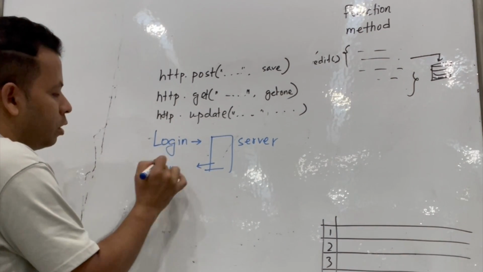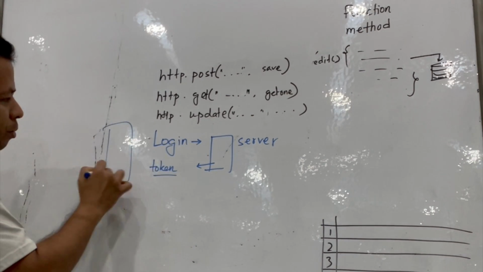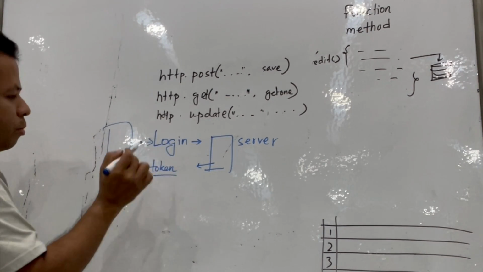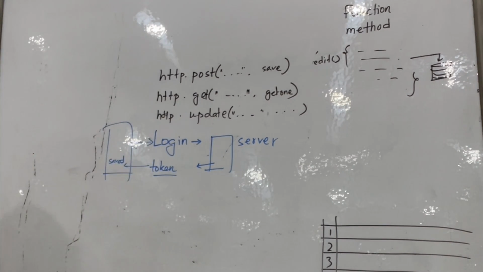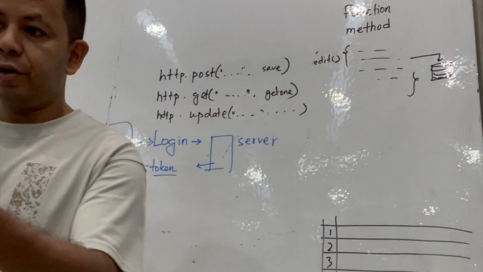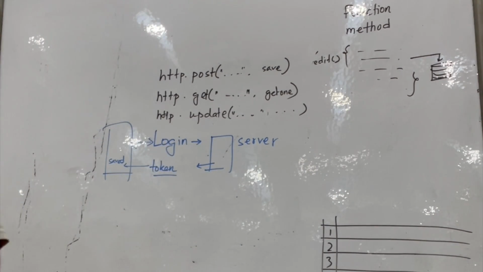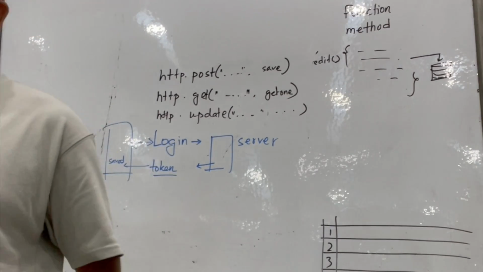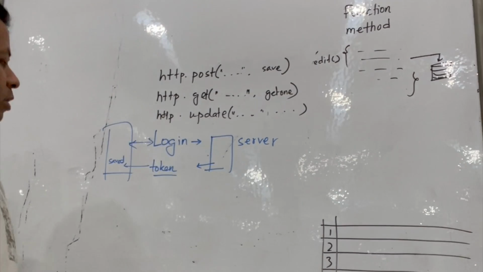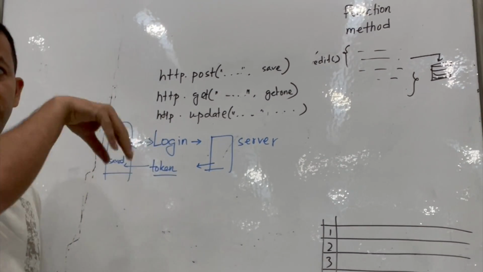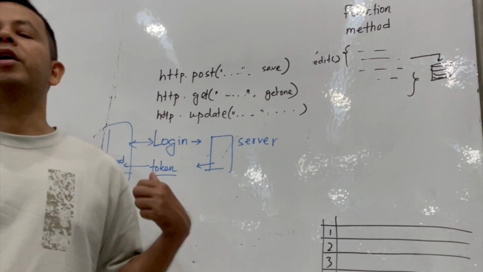This token is saved in the mobile phone, or in your application on a computer. It could be a browser, or another desktop application. So the idea is they are saved in your application, that means in your mobile or in your computer. The token. And do you know why?